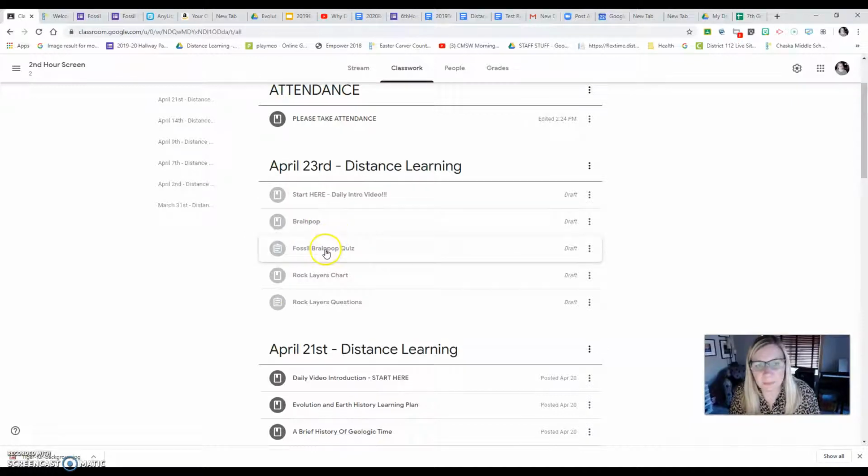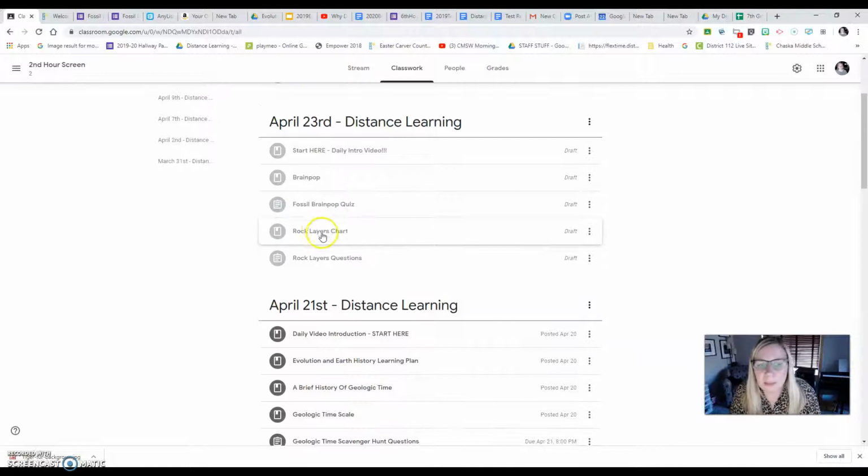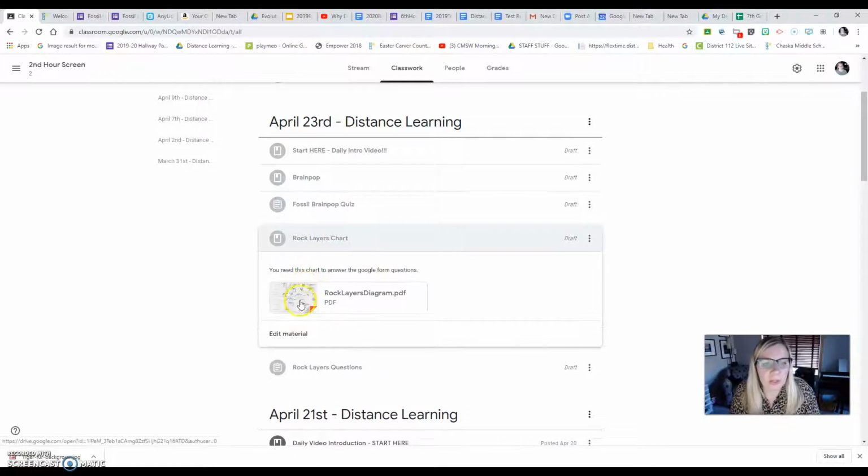Now something a little bit different is you're going to take a Brain Pop quiz, but it's in the form of a Google form. And that's just going to help me grade it a little bit easier, if that makes sense. It just goes right in, and you don't have to do a screenshot or nothing, just makes it nice and easy for you. And then we have a special chart that you're going to open up.